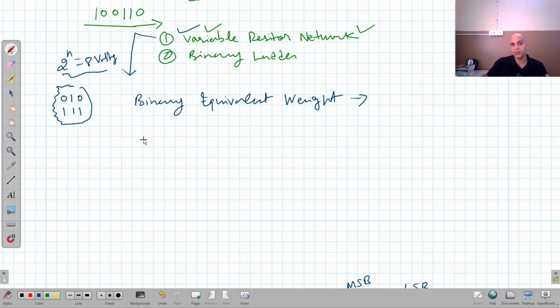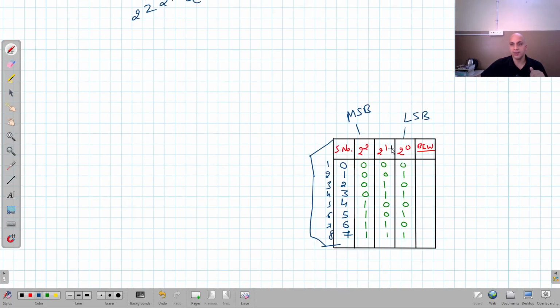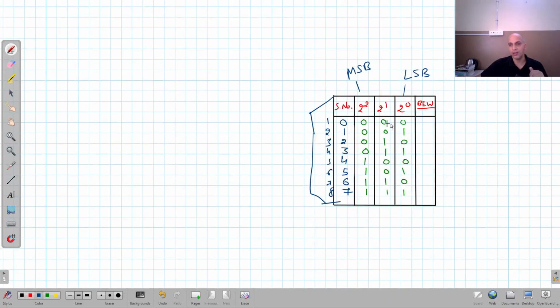In a binary number system, for example, let it be 101, then the place value of this is 2 raised to power 0, this is 2 raised to power 1, this is 2 raised to power 2. So I have written here in accordance with this. These are the place values of all these bits.